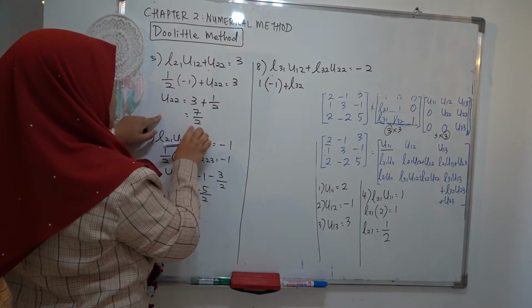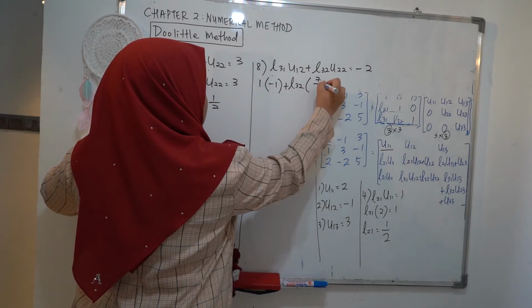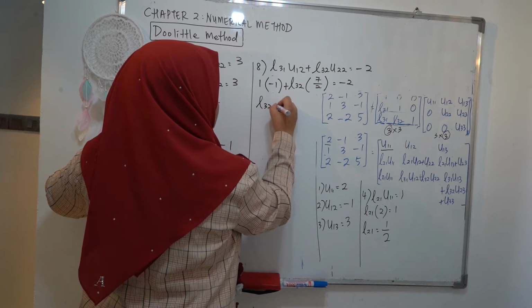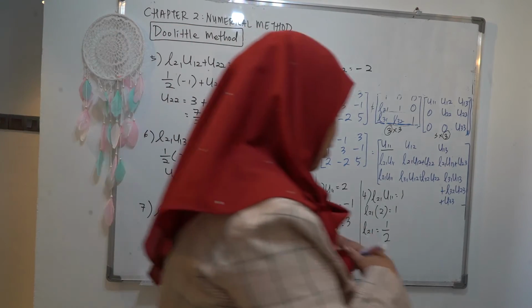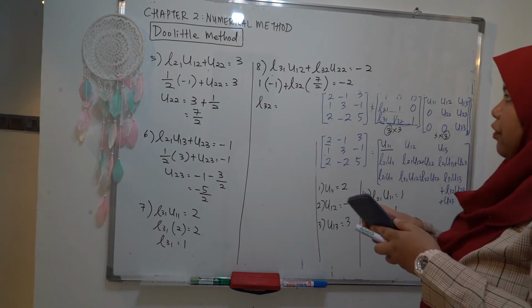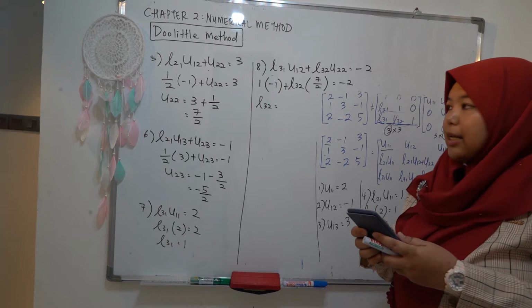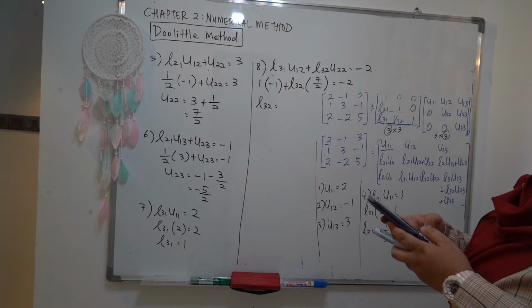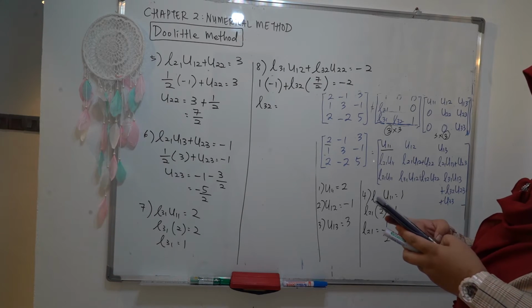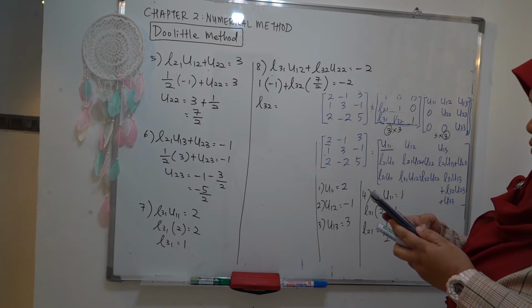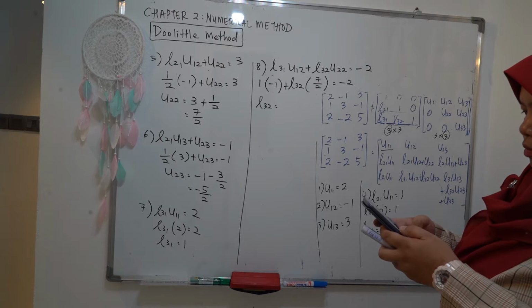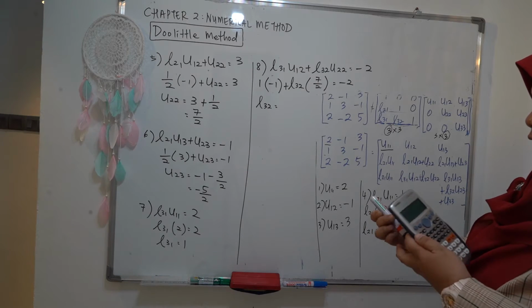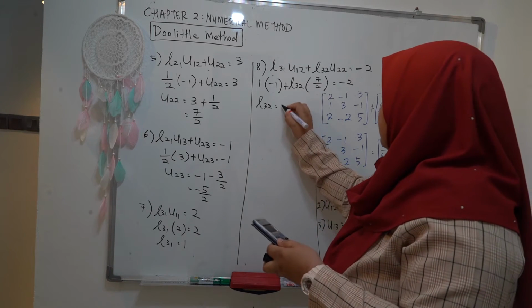U22 is 7/2. So what figure for the L32? Let's calculate together. Okay, I get negative 2 over 7.